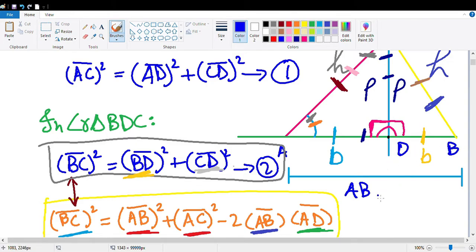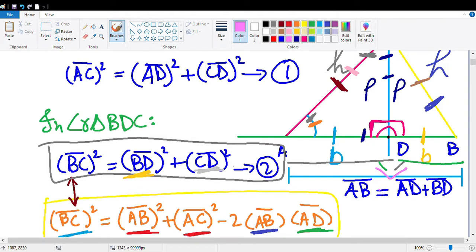So we know that AB is equal to AD plus BD, right? Maybe we should just do that. So yeah, this part is AD, this part is BD, their sum is, what is it, guys?